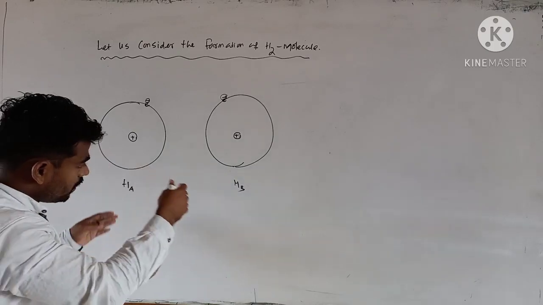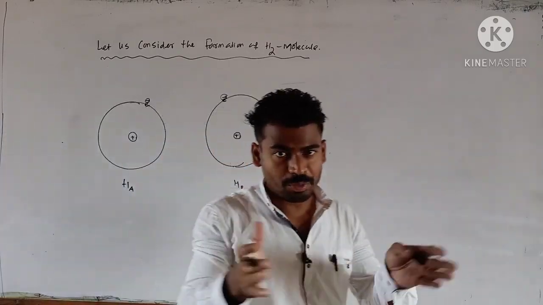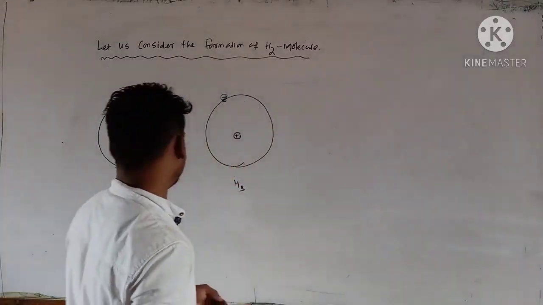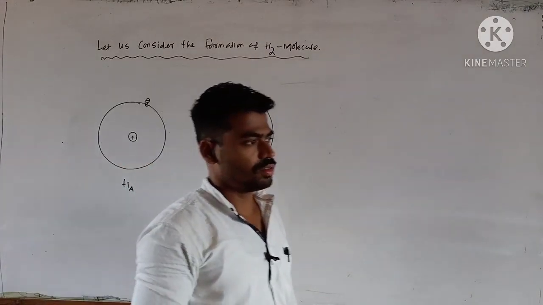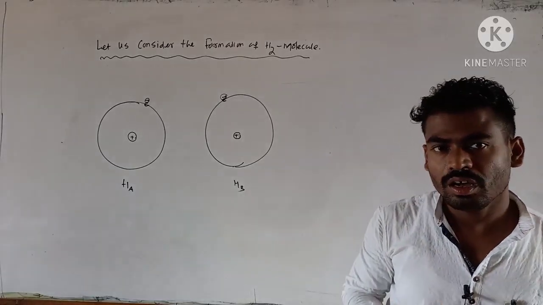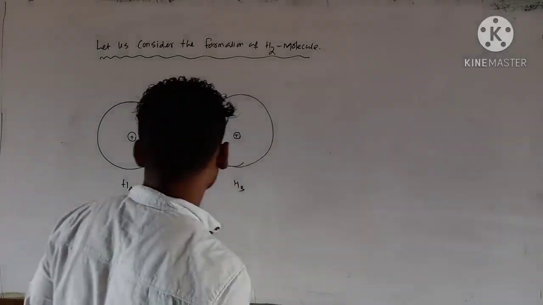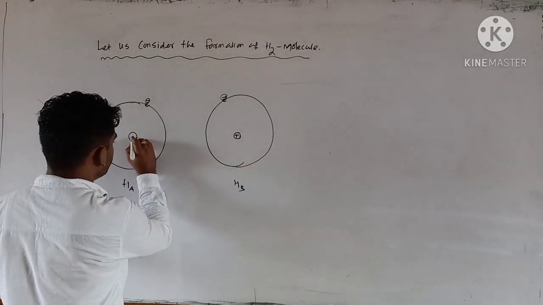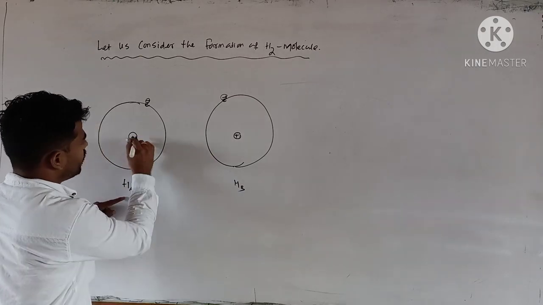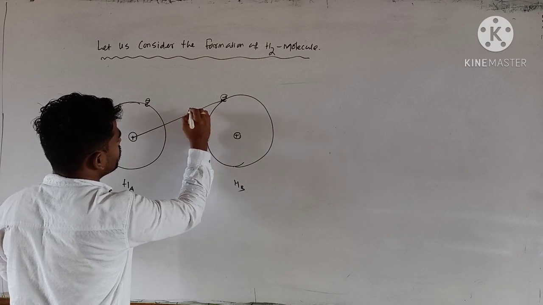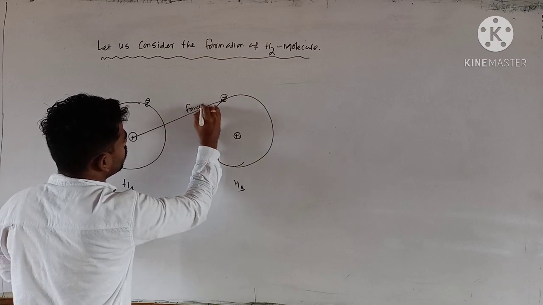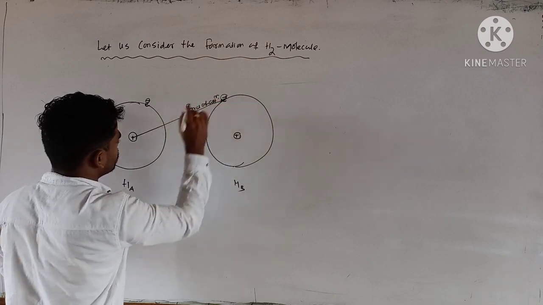So tell me, whenever these two atoms approach towards each other, then what happens? Here both force of attraction and force of repulsion come into play. You just see, between the nucleus of this HA and this valence electron, that will be your force of attraction.